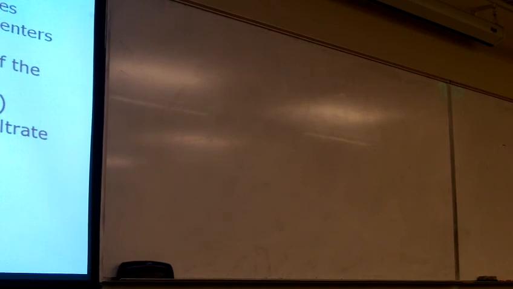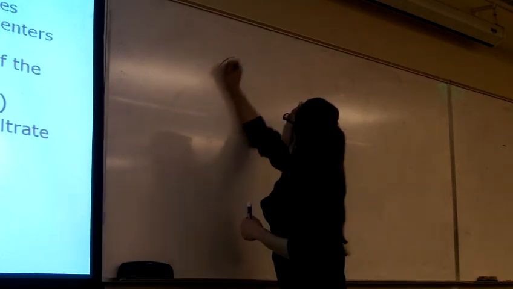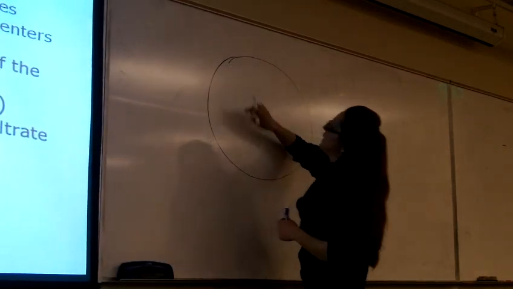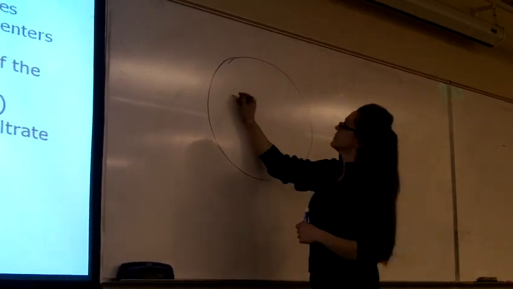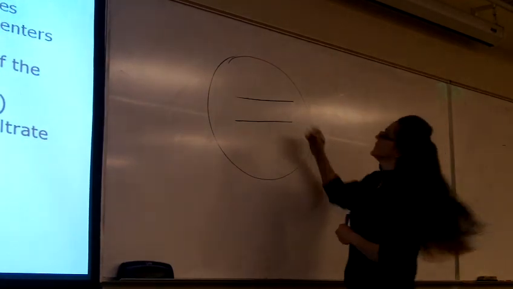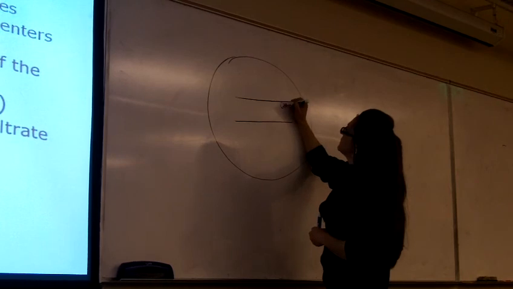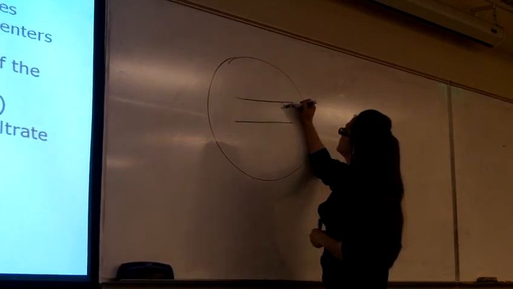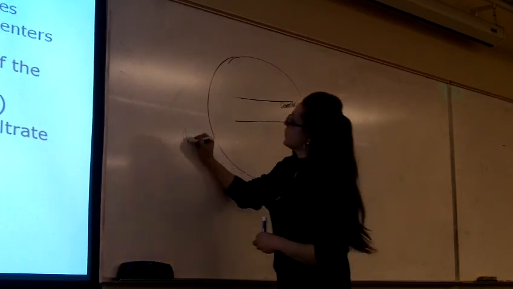So first of all, we want to look at these hydrostatic pressures. And we said that when we look at Bowman's capsule, and the glomerulus is inside, so I'm just going to draw a little piece of the glomerulus. So this is the glomerulus. This is Bowman's capsule.